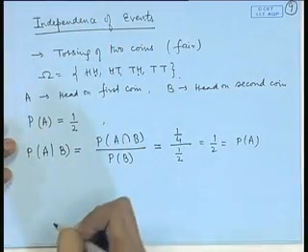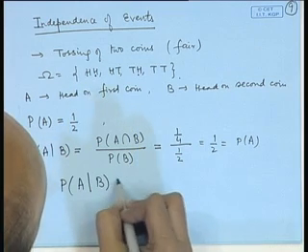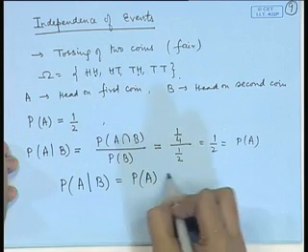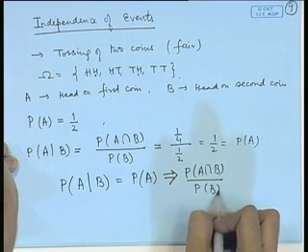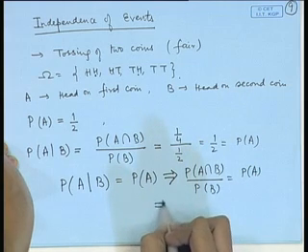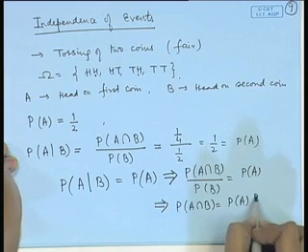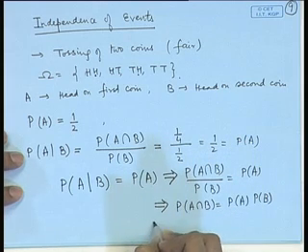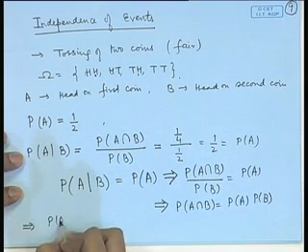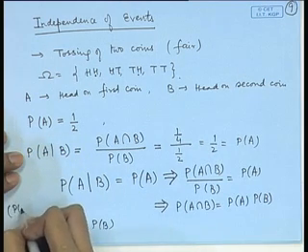So if we proceed from the definition of the conditional probability, we must define event A to be independent of event B if we have probability of A given B is equal to probability of A. It translates into probability of A intersection B divided by probability of B is equal to probability of A, which is translating to probability of A intersection B is equal to probability of A into probability of B. Now if we also make the assumption that probability of A is positive, then this will translate to probability of A intersection B divided by probability of A is equal to probability of B, provided we have assumed that probability of A is positive.